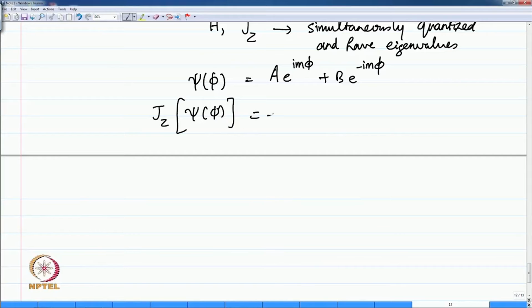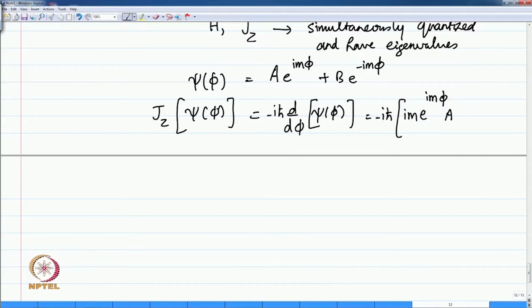please remember Jz is minus i h bar d by d phi on this wave function psi of phi. Please note that d by d phi acting on i m will give you plus i m, and therefore you will get minus i h bar i m e to the i m phi with a, of course, and then for the b you will have minus i m e to the minus i m phi b.